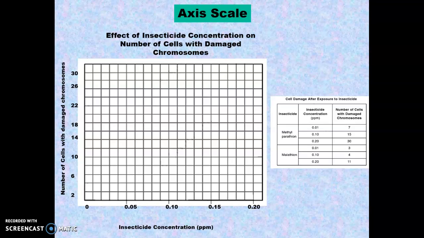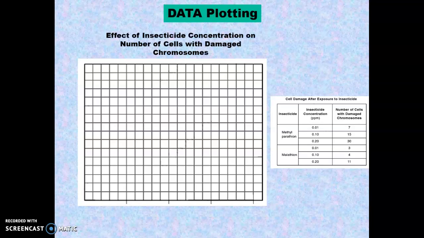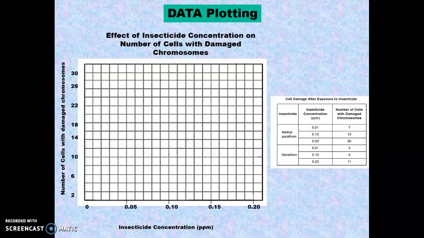So knowing the breakdown of my x-axis, I ended up making the major tick marks be equal to 0.05. And because there's 1, 2, 3, 4 of those tick marks, I was able to accurately put those together. So then we're going to plot our data. We have to make sure that we accurately plot our data.